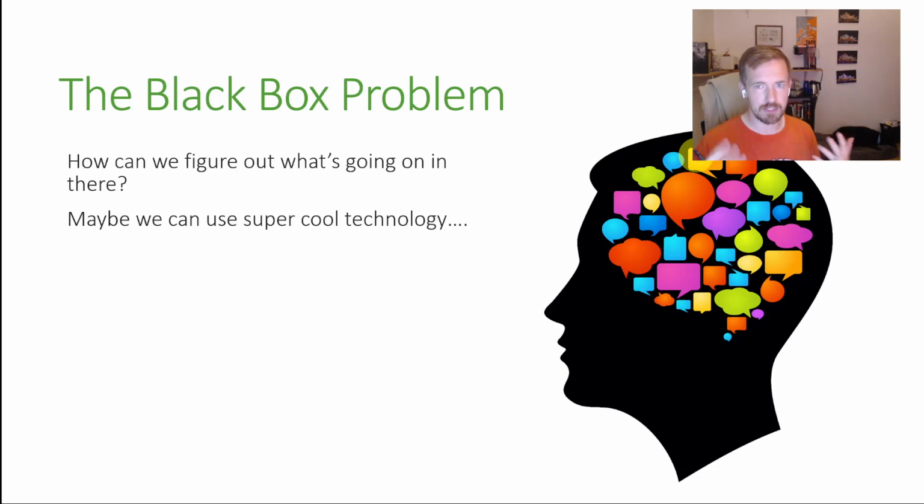But we don't really know a lot of what's going on between those moments, from when our brain receives something and when it outputs something. And because we can't see it directly, that is the black box problem. Some people will then say, well, that means we may never know what's going on in the brain, and so therefore it's not a scientific question if we can never indirectly study it.